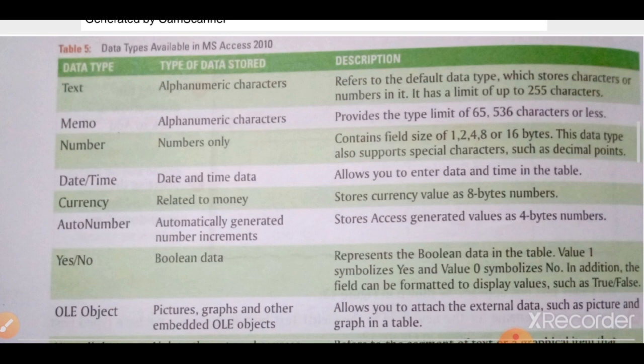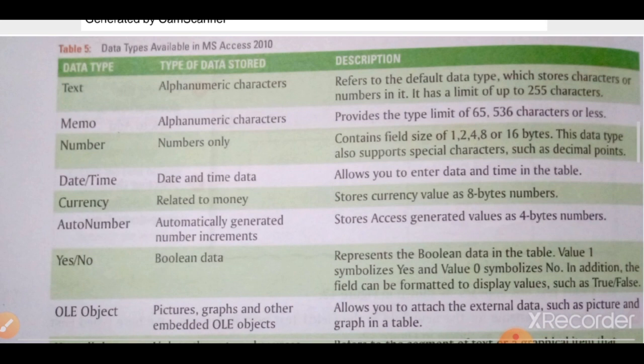For example, if you are entering money, then it is in the form of currency. If you are entering the date of birth or date of joining or date of resigning, then it is in the form of date, month and year. So there are various types of data we can store in the table, and which type of data we are going to store should be specified in a table before entering the data.